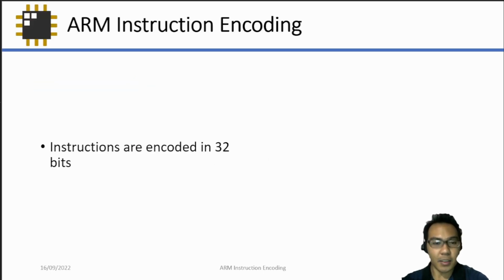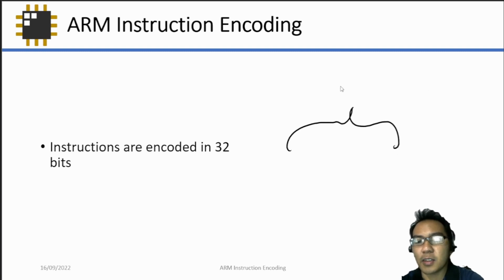So, okay. Instructions are encoded in 32 bits. If you remember your ARM instructions, those actually decompose into 32 bits, and we usually write them in terms of hex in order to represent them in a compact manner.